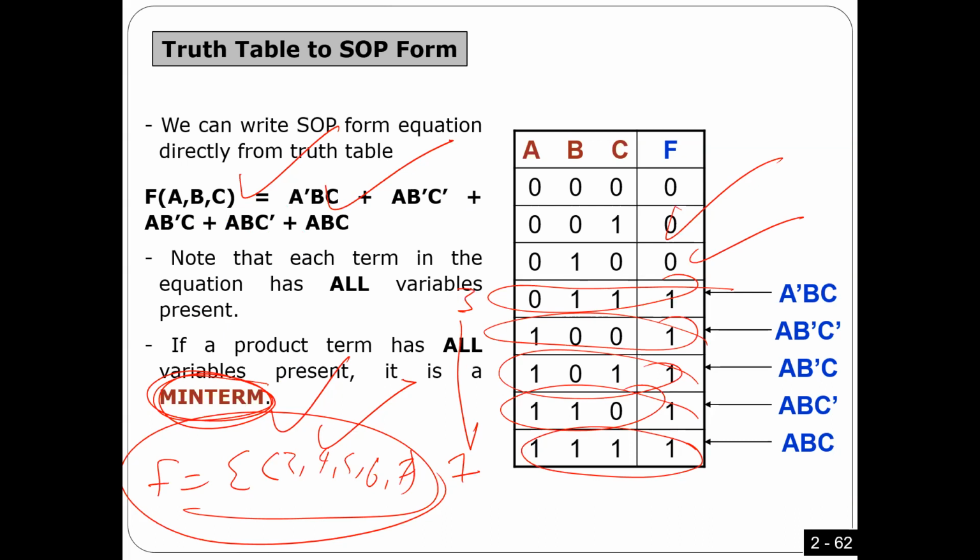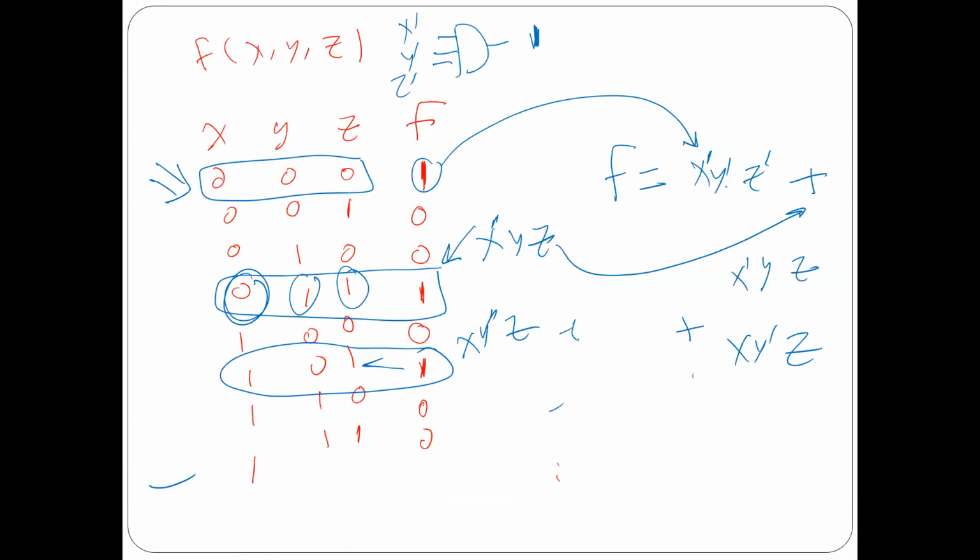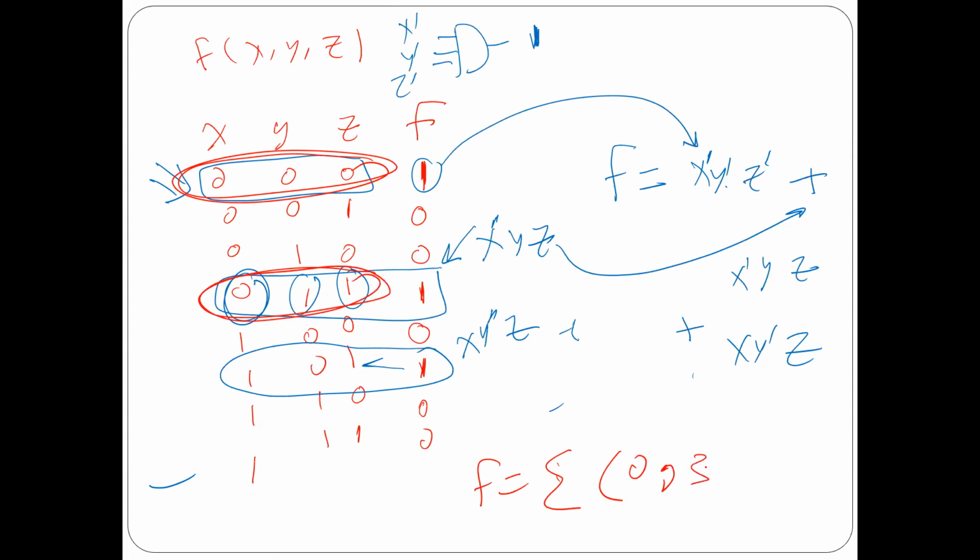If I go back to this example, I can say the function equals the summation of 0, comma, 3, which is 110, comma, also 5. If I give you something like that, that's enough to define a function. The missing numbers are zeros.